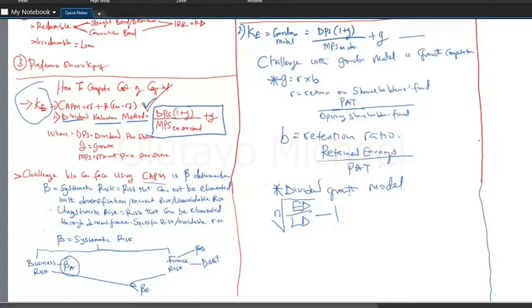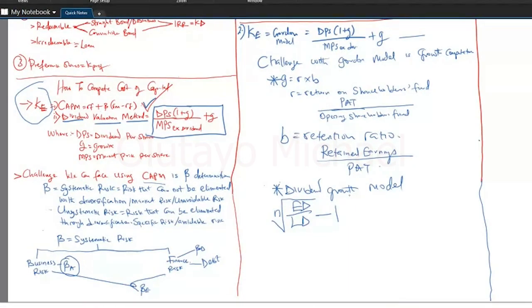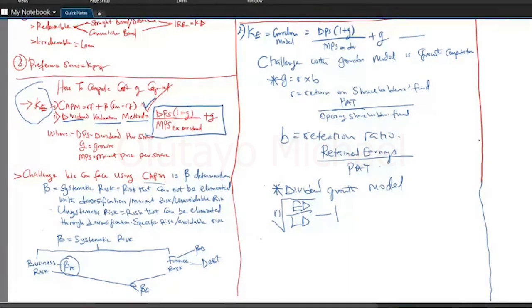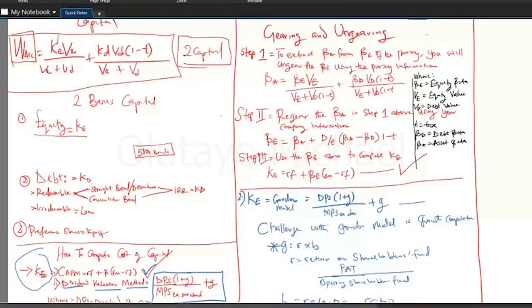No stress, nothing, straightforward. Ladies and gentlemen, we have come to the end of computation of cost of equity.